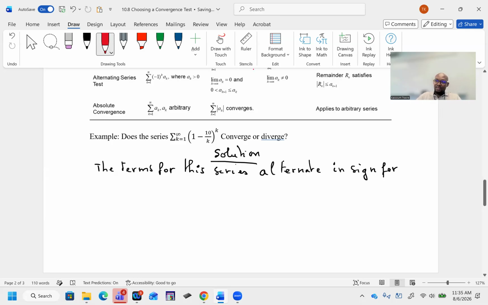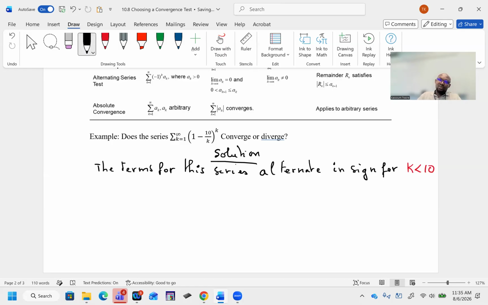Why? Again, you can see if k is less than 10, the sign would be positive and negative because of this power. If the power is even, it will be positive, but if the power is odd, it will be negative.